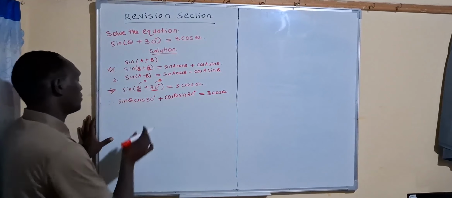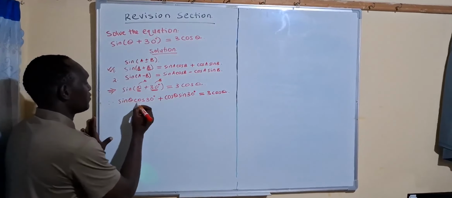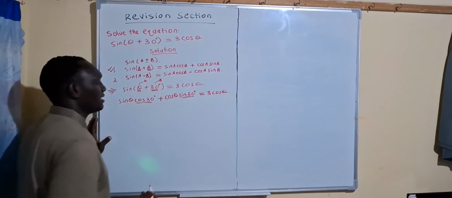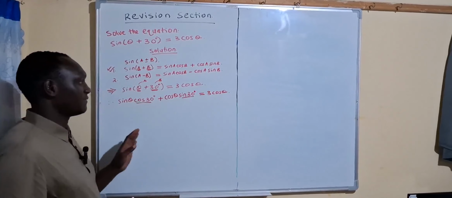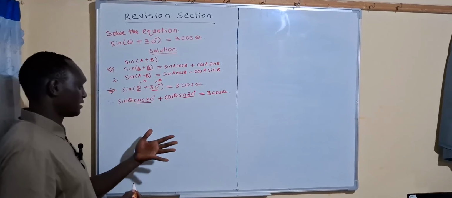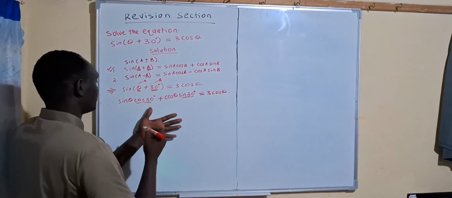Now, what is the value of cos 30 degrees and the value of sine 30 degrees? There is a very simple approach that has helped me, and I hope it will also help you.